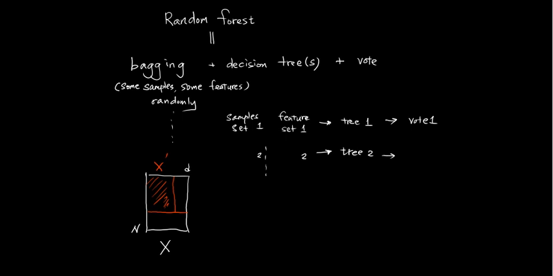And tree number 2 will give you the second vote. And in the end, you collect a lot of votes according to the majority rule. 多数决. Okay, and you got the majority rule, then okay, it is a certain label.